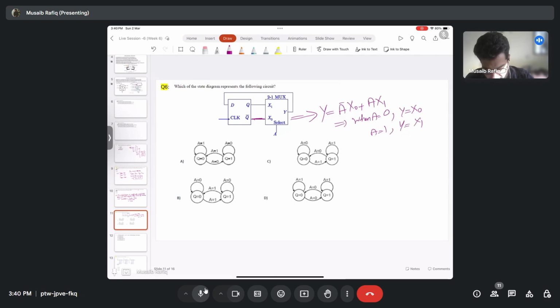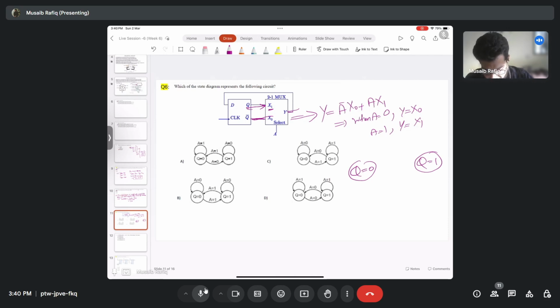So that means when a is equal to 0, it will change its state from q to q bar, because for x1 it's q right here. Basically, if q equal to 0 or q equal to 1, and my a is equal to 0, my output will be q bar. That means it will go to the complement.